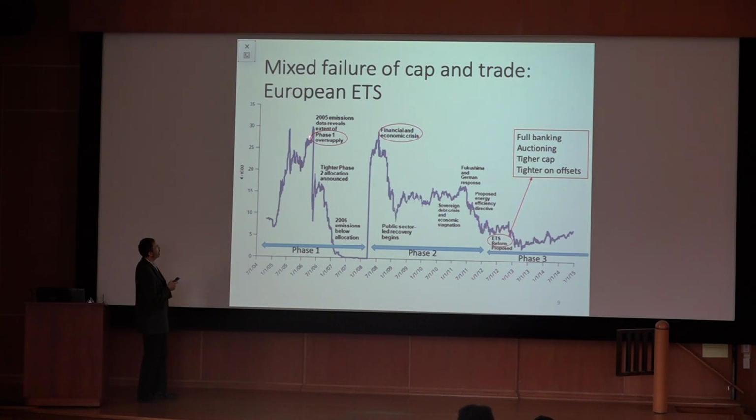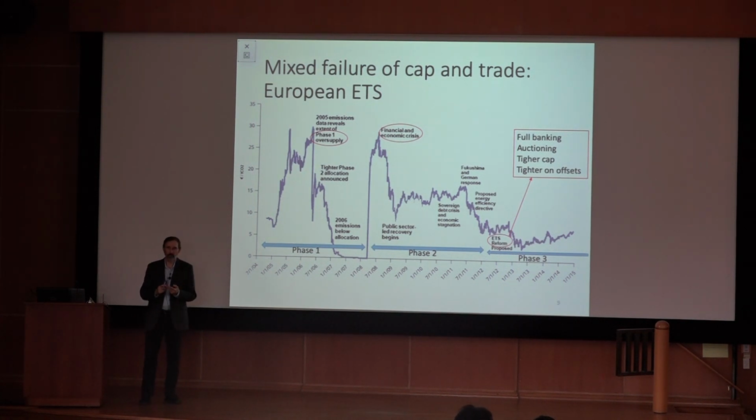The first phase went okay up to some point, but then actually they oversupplied. They gave too many allowances, too many permits on the market. At some point, when people realized that many of these were superfluous, the price of these permits collapsed.